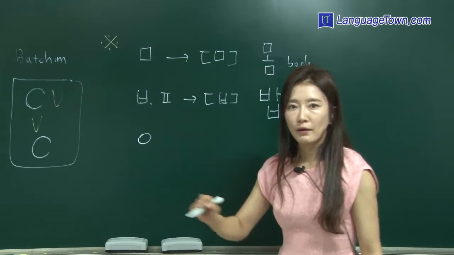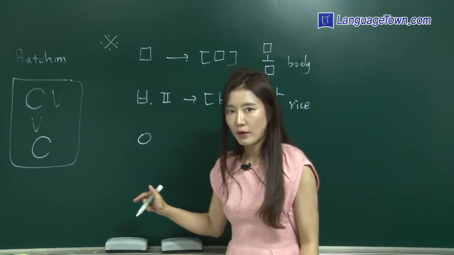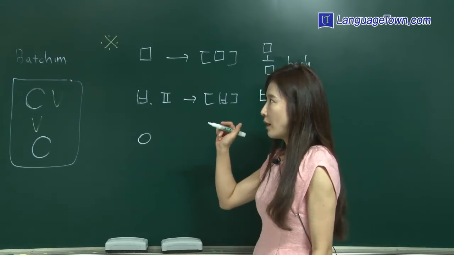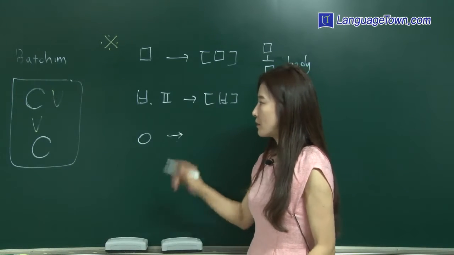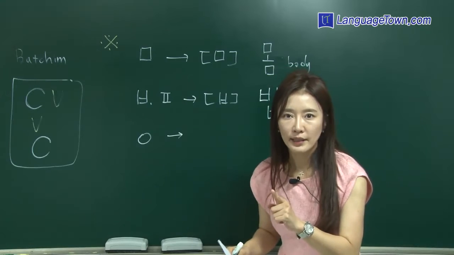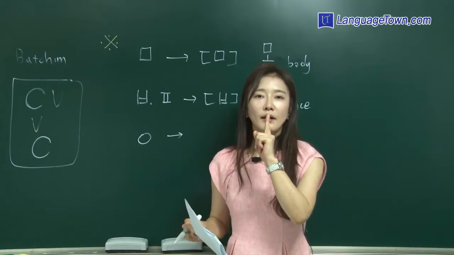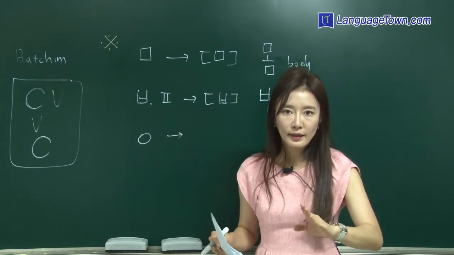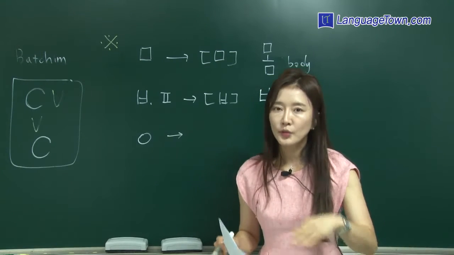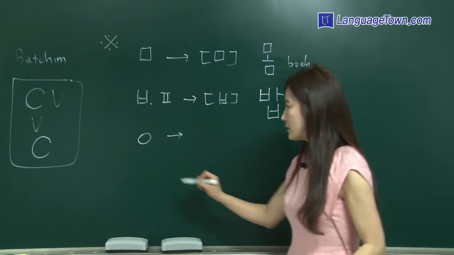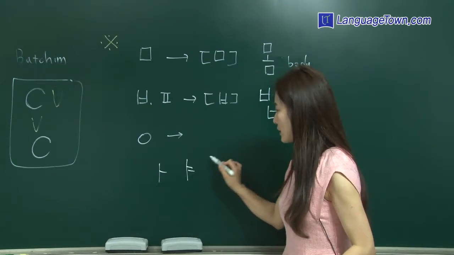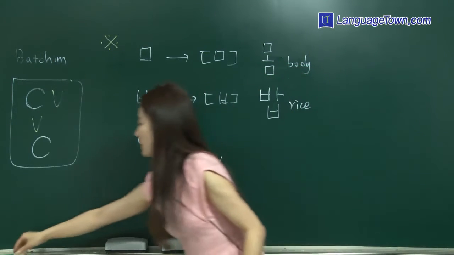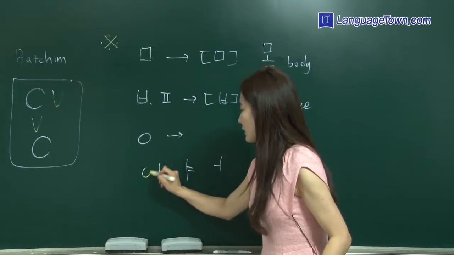I told you about this sound before, right? It can be the initial sound, because with only a vowel, it can be the letter, it can be the word. So that's why it can be placed like that, and it can be placed just like this.